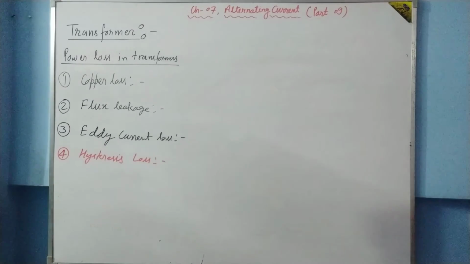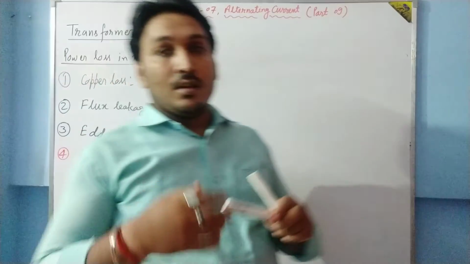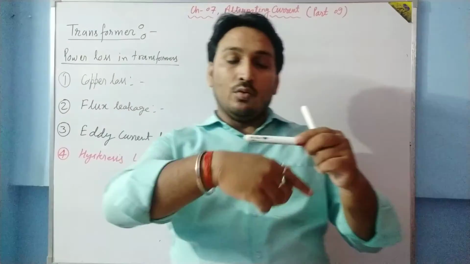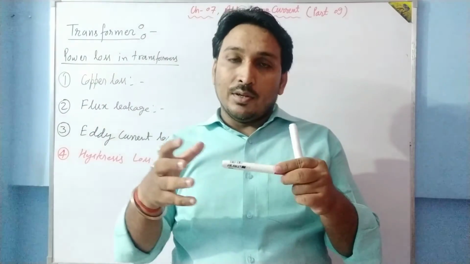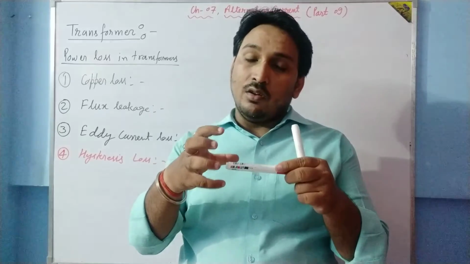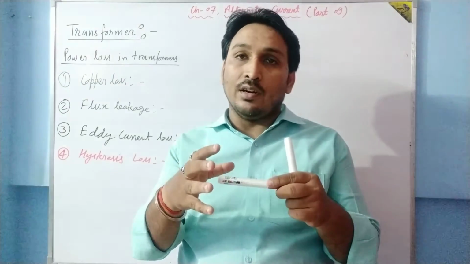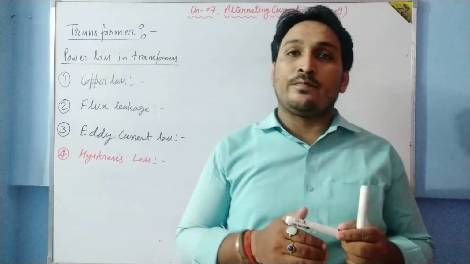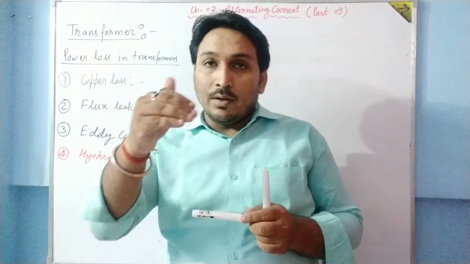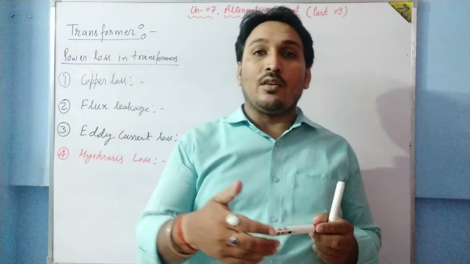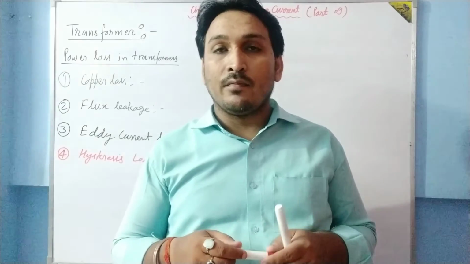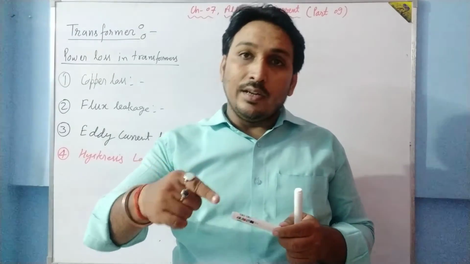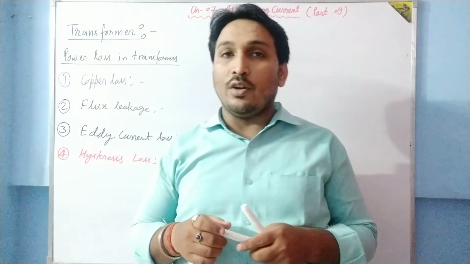When the current flows through the copper wire, and the copper wire is wound over the core, what happens? The magnetic field of that alternating current magnetizes the core, and when that current becomes zero, the core demagnetizes itself. So when the current increases, magnetization of the core takes place.